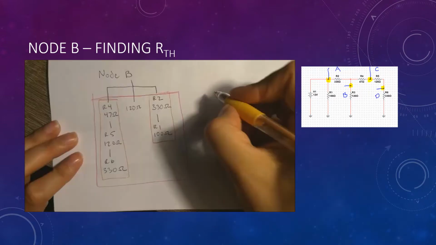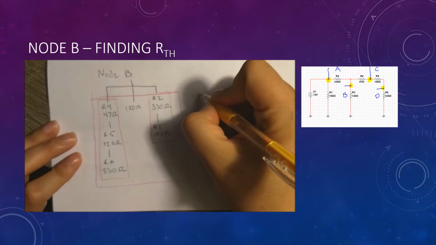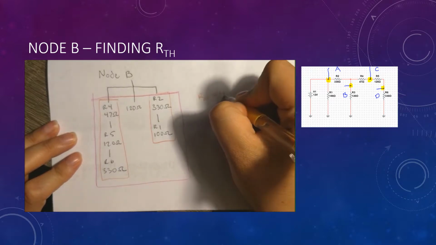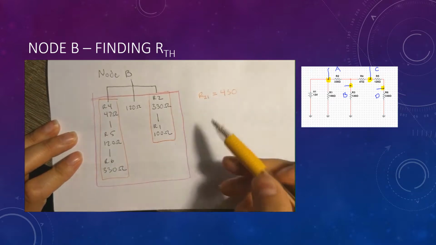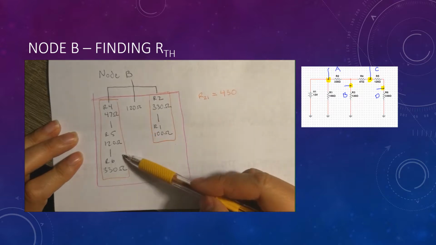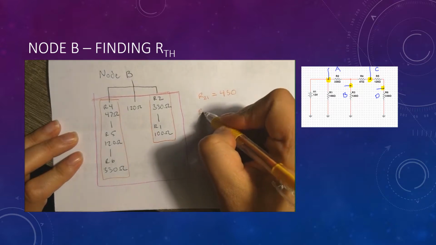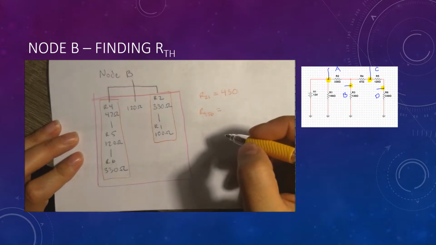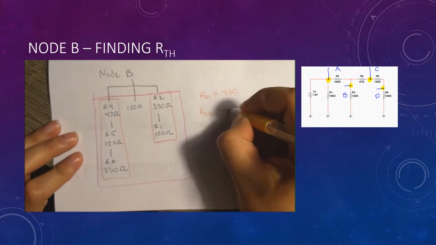So let's find the answer for node B. R2 and R1 solved in series gives us 430 ohms. Solving R4, R5, and R6 in series is equal to 497 ohms.